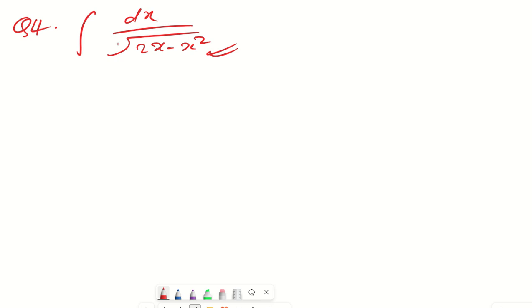Just write it down here, 2x minus x square. So can we write it down? Let us say I'll write it a minus x common. So x square minus 2x, and in this x square minus 2x, what is the remaining term that we have?